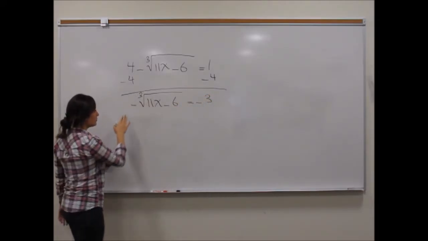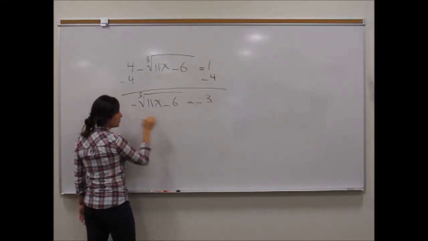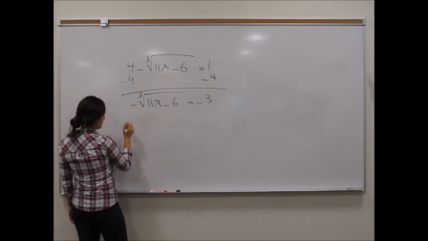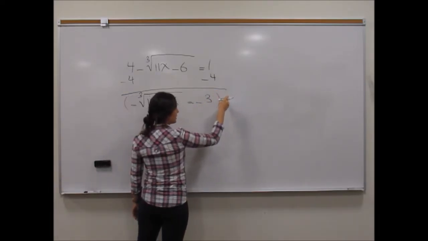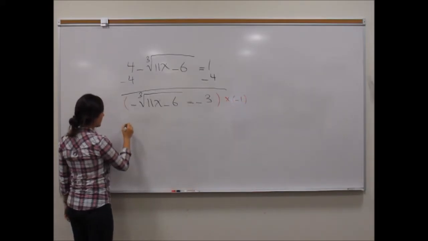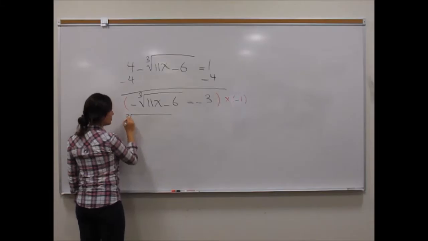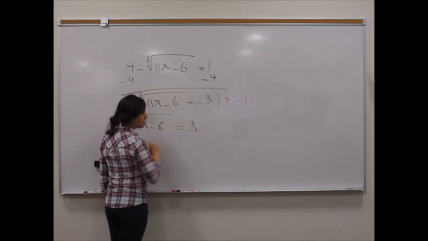And then I'm going to multiply both sides by negative 1 so that I get rid of these negatives. Then I would have ∛(11x − 6) = 3.